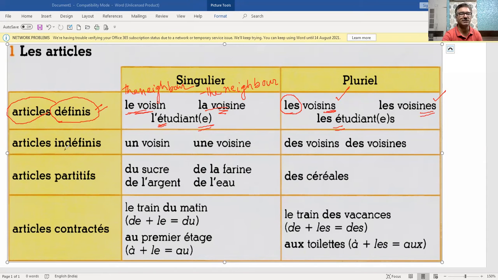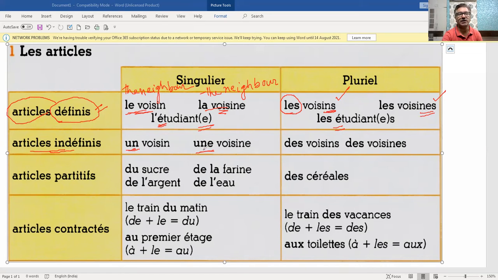Second type of articles is article indéfini, which is equivalent to a or an. Un voisin, a neighbor, une voisine, a neighbor, female neighbor.